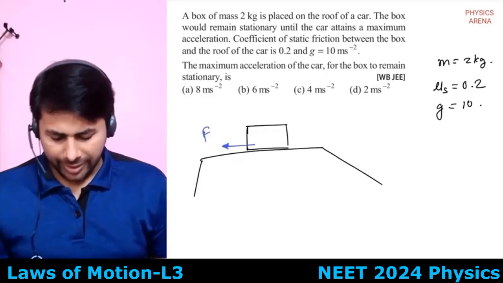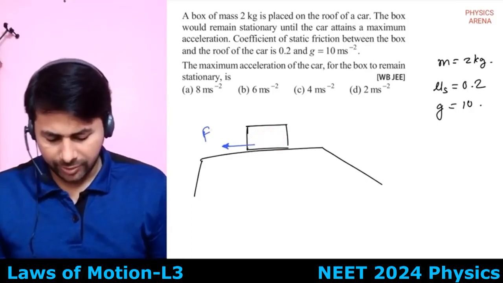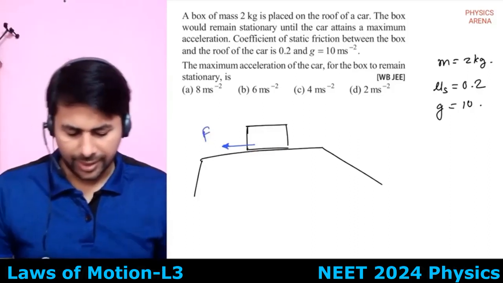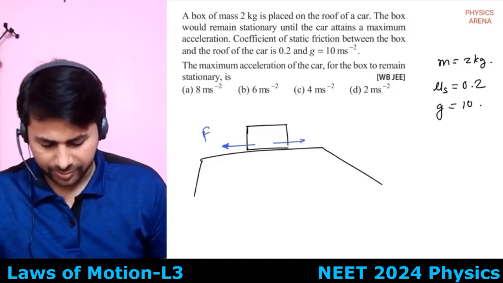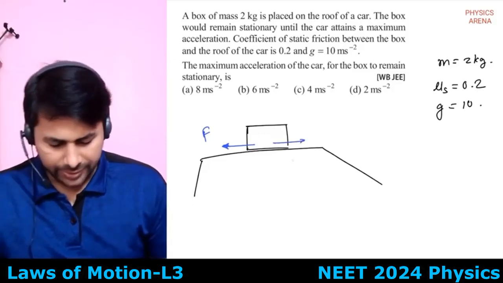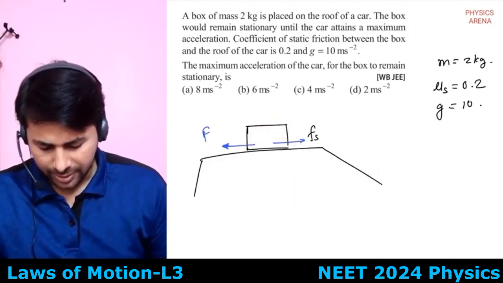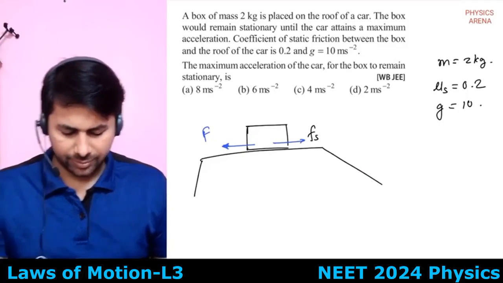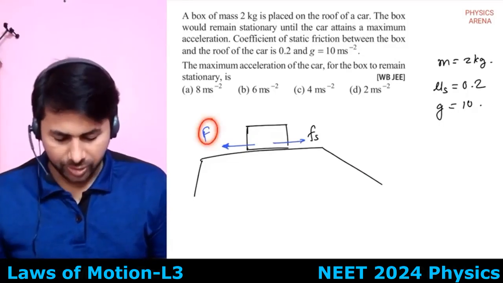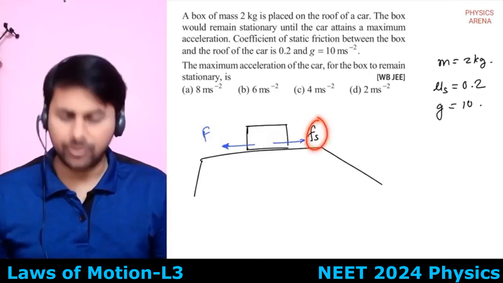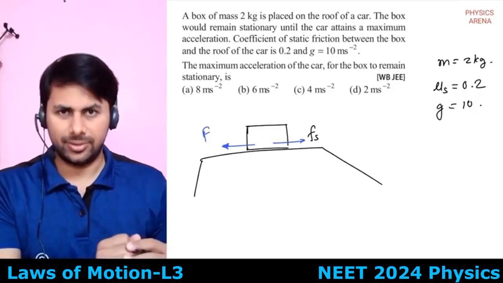So we can imagine some virtual force acting on this body, which is equal to F, and some frictional force will be there which will try to keep it fixed, which will try to move it along with this car. So that frictional force is Fs. Till the time this virtual force doesn't exceed the frictional force, the body will keep on moving along with the car.